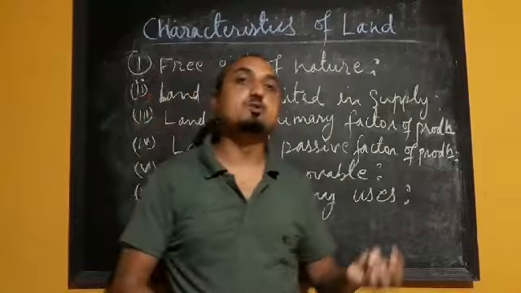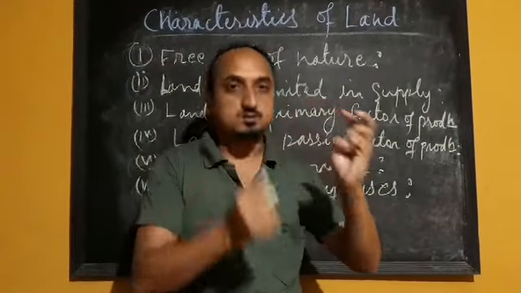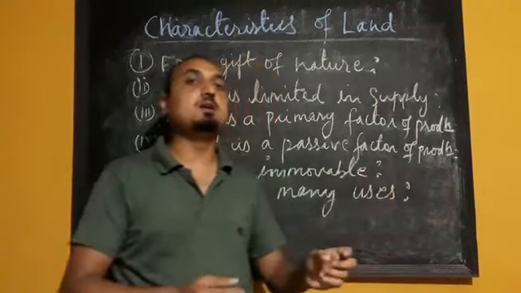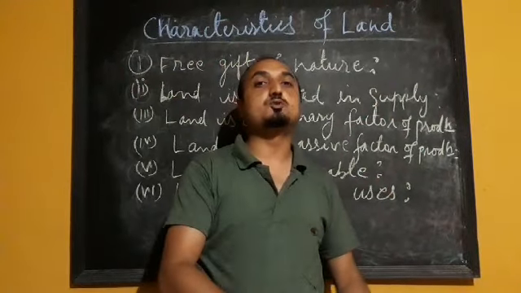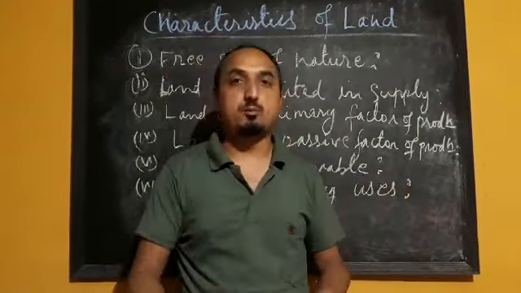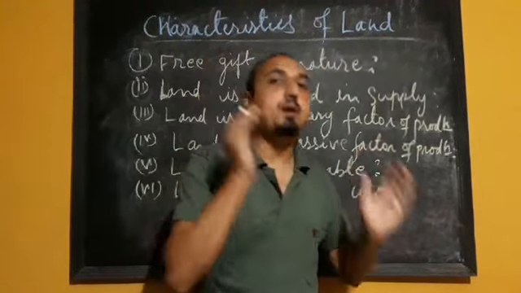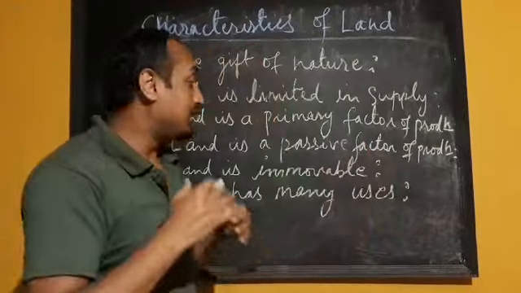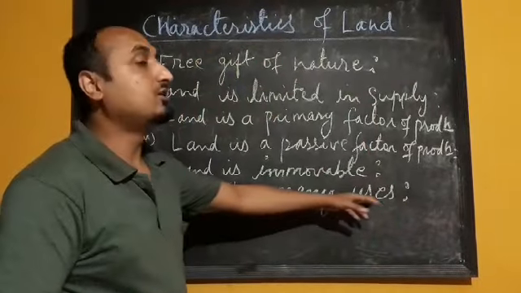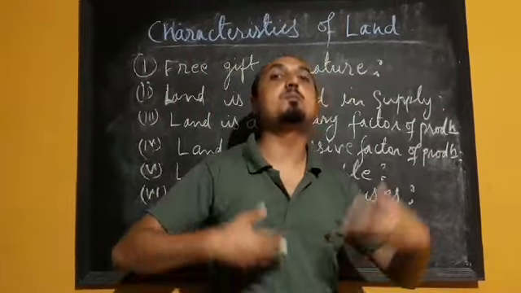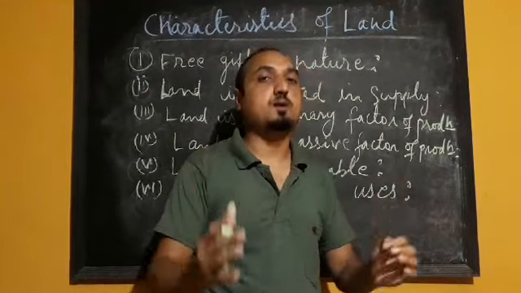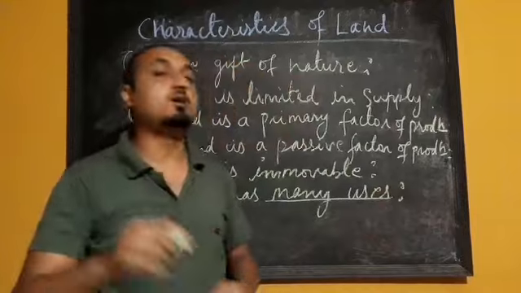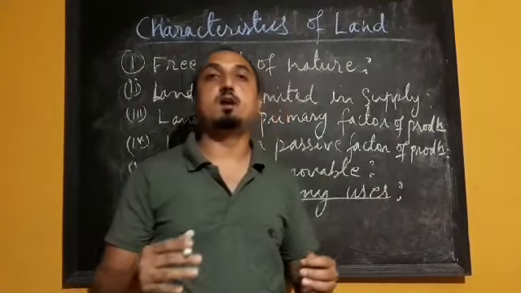Land can be used for the production of agricultural items or food items, vegetables, fruits, etc. Similarly, land can be used for the construction of roads, railways, highways, buildings, factories, and so on. That's why it is called many uses, and this is also one of the important characteristics of land.